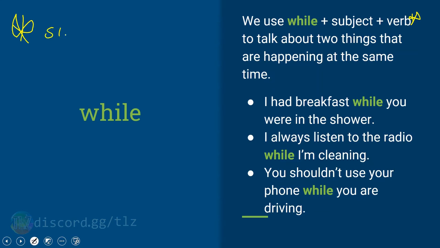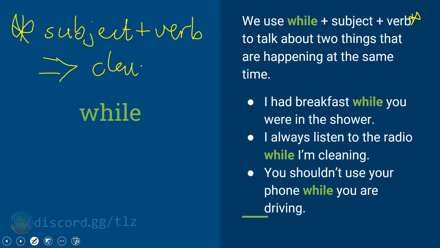So subject plus verb is gonna give you a clause, right? Great. That's cursive. I don't know if that's clear, so I'm just gonna write it again. Clause. Sorry for the space.